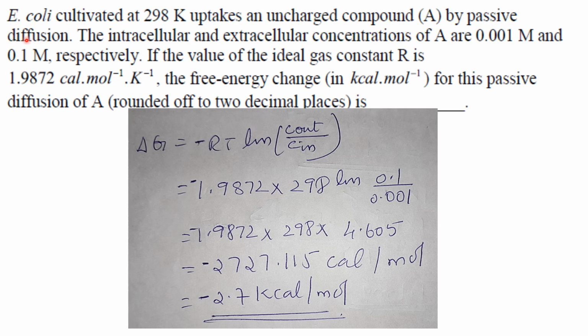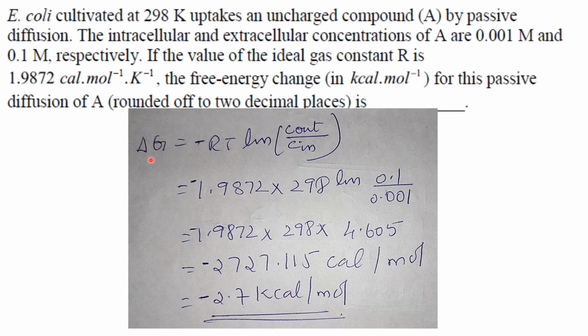Then next one, E. coli cultivated at 298 Kelvin uptakes an uncharged compound by passive diffusion. The intracellular concentration of compound A is 0.001 molar, and the extracellular concentration is 0.1 molar. The ideal gas constant is 1.9872 calories per mole per Kelvin. Find the free energy change in kilocalories for passive diffusion.